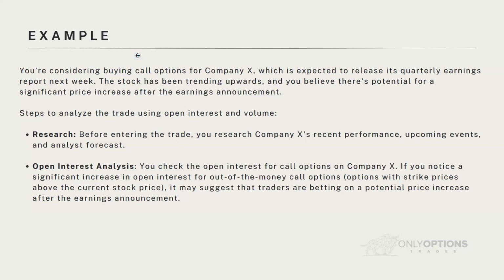that can guide you on a longer term if you want to invest in any of those. Then the open interest analysis: did you check that call option for company X, and do you notice a significant increase in open interest for an out of the money call option? Out of the money contracts are very far away on the options chain, and it may suggest that traders are betting on a specific potential price increase.